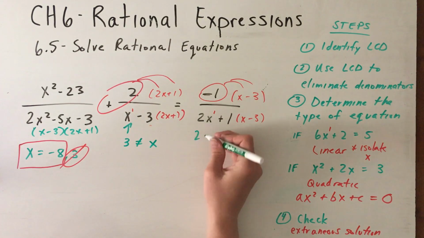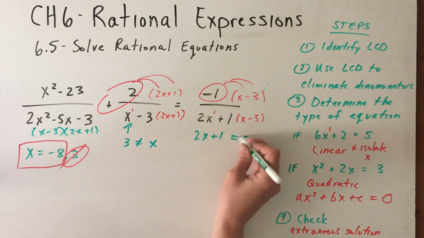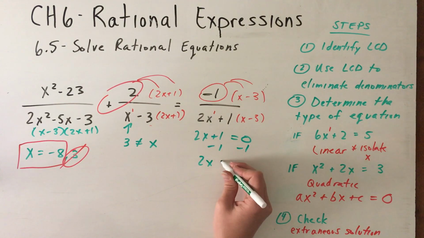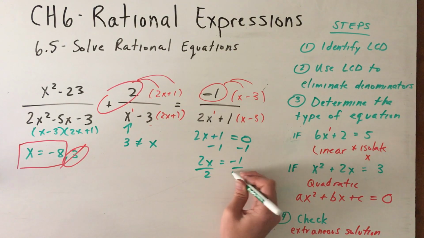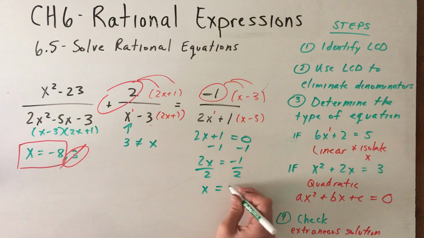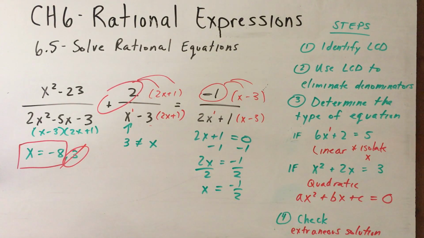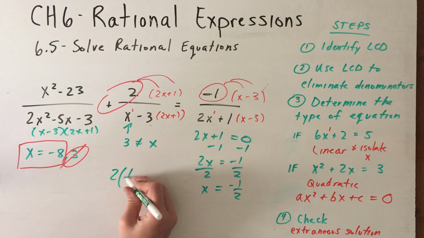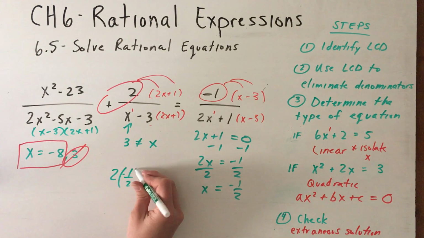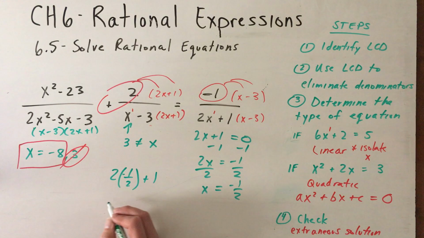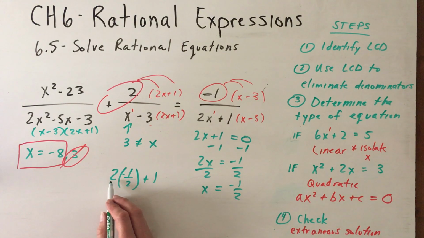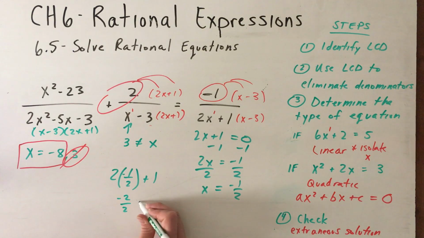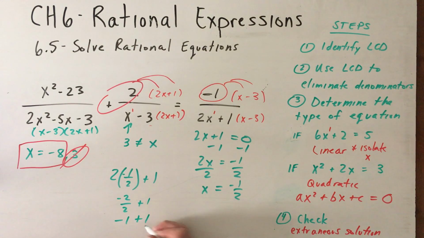Right here, if I have 2x plus 1, and I set it equal to 0, if x were -1/2, then this denominator would be 0 as well. We'll show you that. So if x was the value of -1/2, okay, so here I get 2 times a -1/2, which is a -1, plus 1.